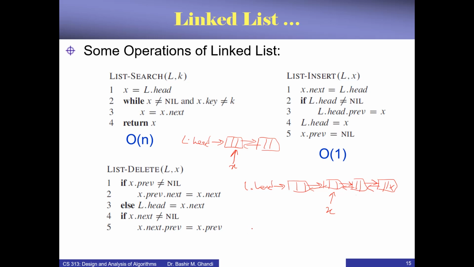And the last scenario is where x is pointing to the last node. So you have L.head pointing to the first node, which points to another node, and which points to the last node, and our x is here.